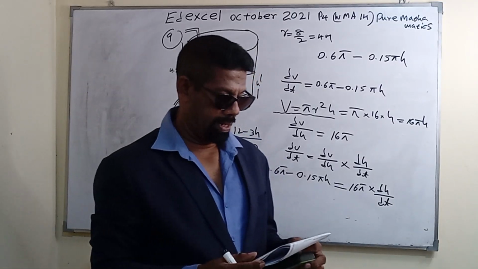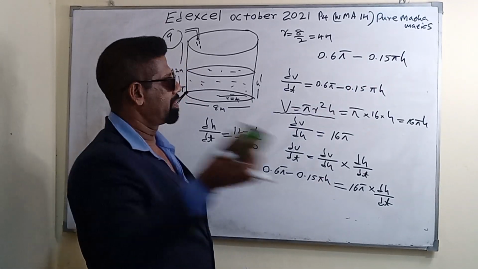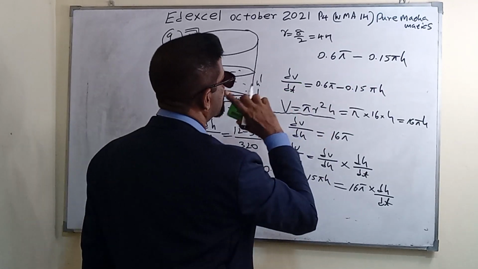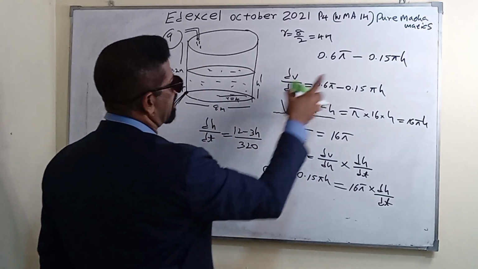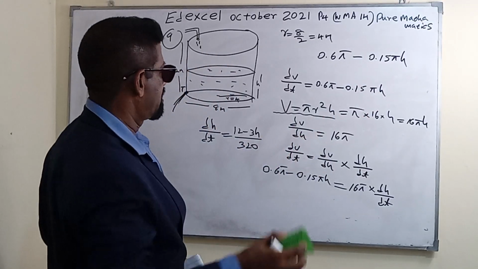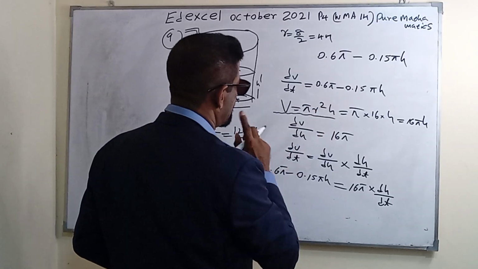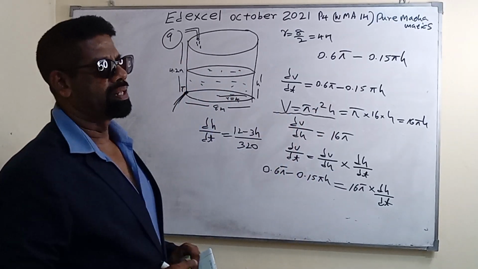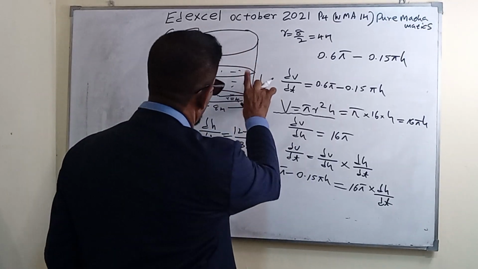Did you understand what I explained? Because water comes in at 0.65 and leaks at 0.15h, dV/dt equals the sum of those values, and the leak means minus. We know the volume of the cylinder V equals pi r squared h, with h the water level.